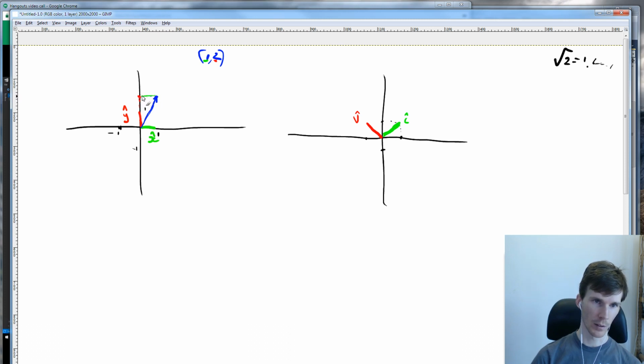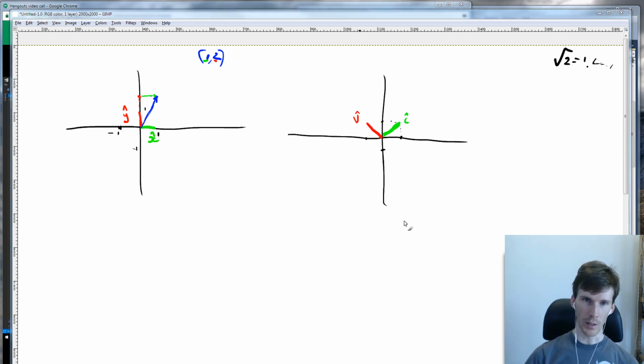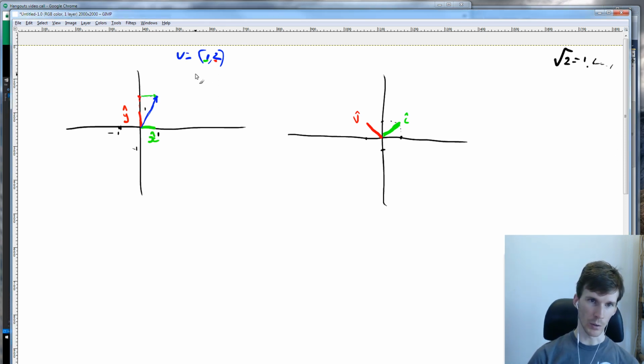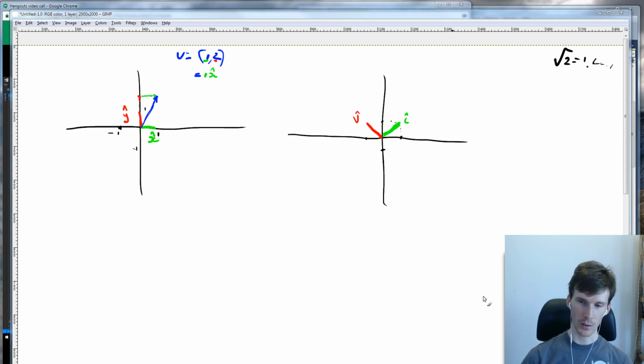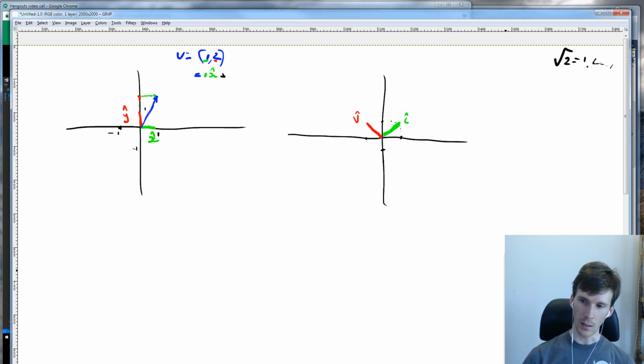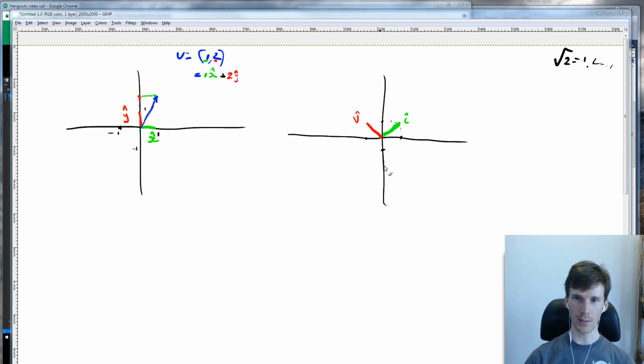We've just added this vector v equals 1 x hat plus 2 y hat.